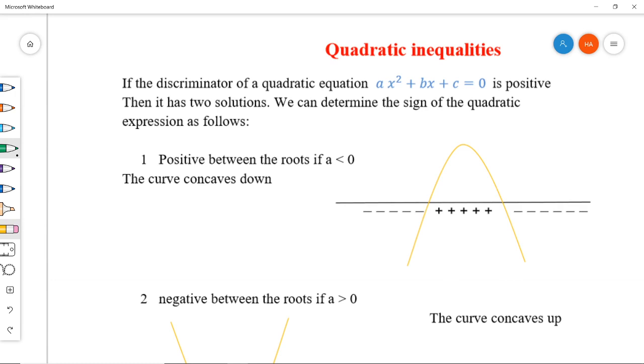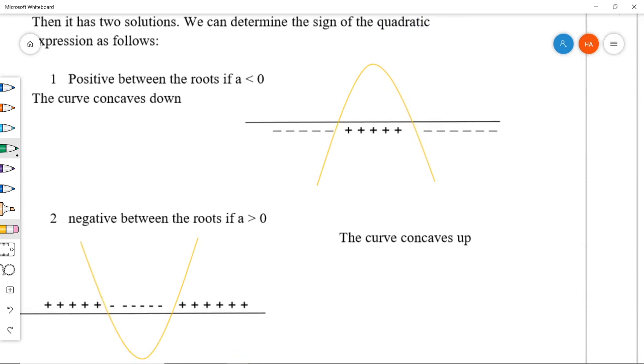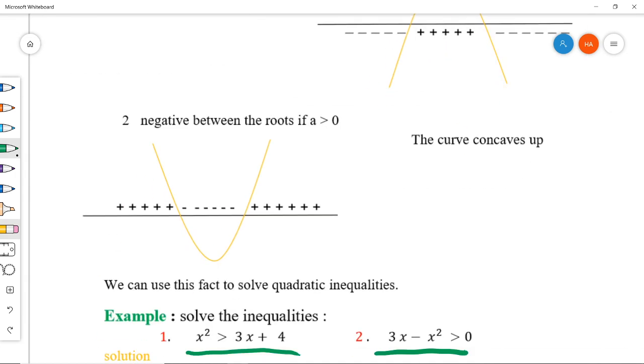We know that the quadratic curve is either concave down like this or concave up as here.